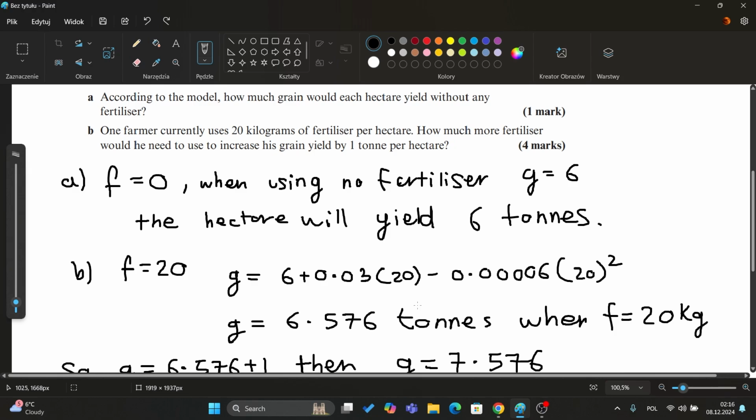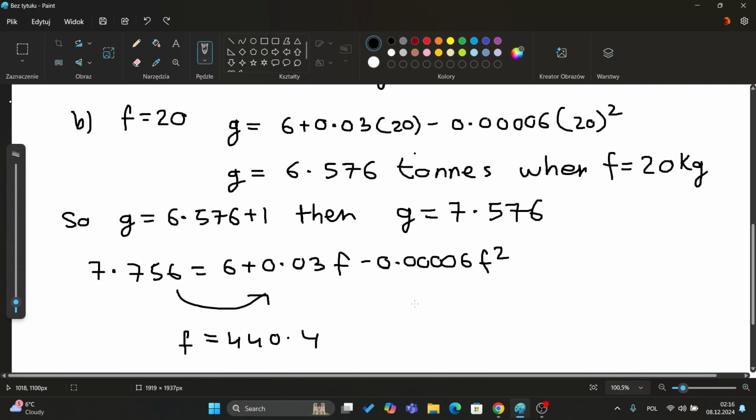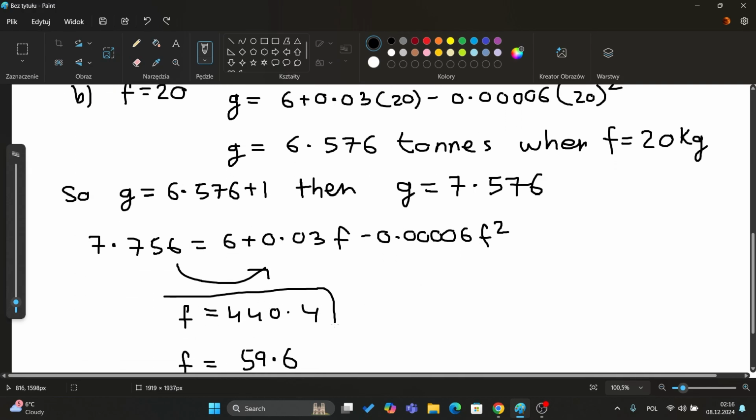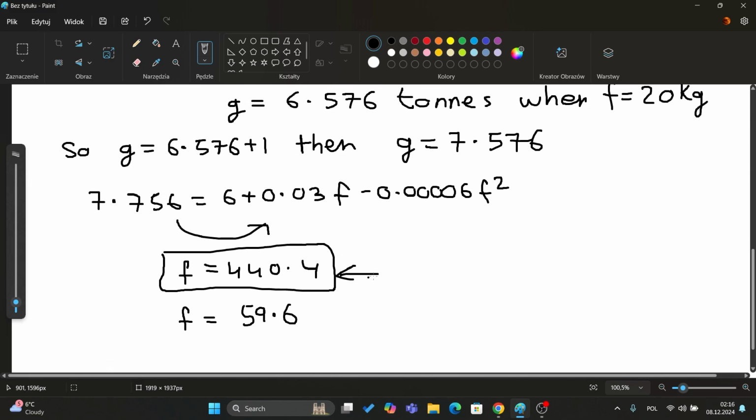When we increase this by 1 ton, we get a very big answer for how many kilograms of fertilizer we're using for that 1 ton. And this one is unrealistic. And we have to keep the bottom one because it is more realistic.